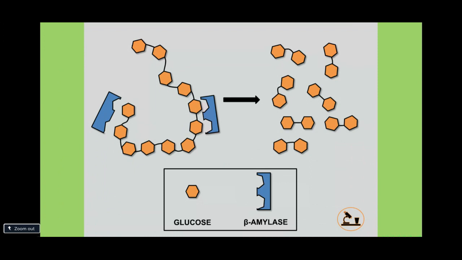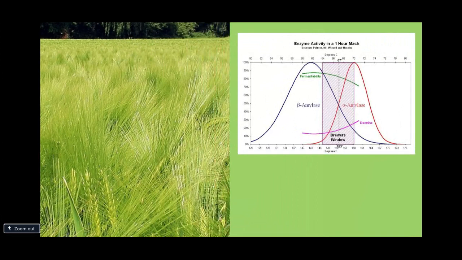Now, what this actually means is that we can manipulate the enzymes to produce either more maltose or more dextrins. We can see this in this particular graph. What we're really interested in on this graph is the top axis, which is the temperature in degrees. It runs from 50 up to about 80.